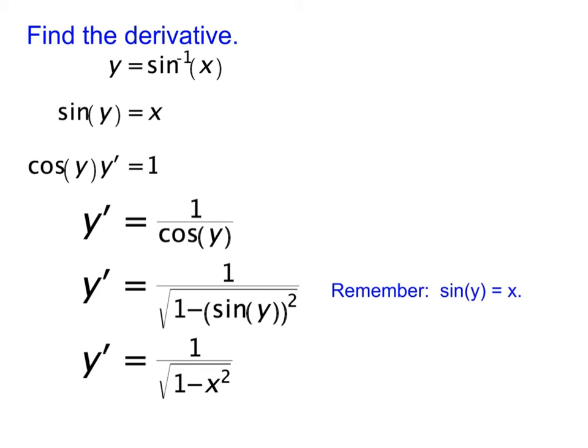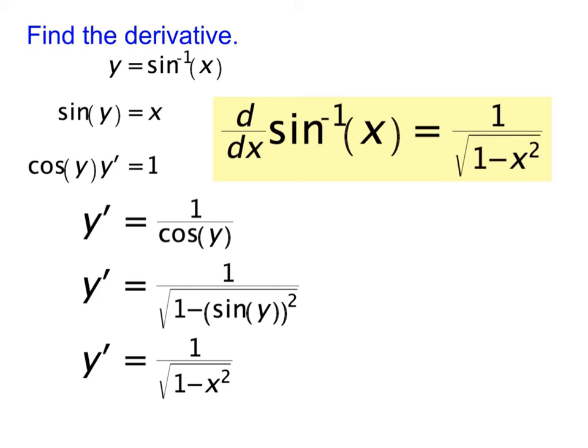And I think it's important to see why this one works the way it does, because it seems very counterintuitive that the derivative of inverse sine would not even involve a trig ratio at all. But that's the case. Now, of course, we just showed how we can find the derivative of inverse sine.